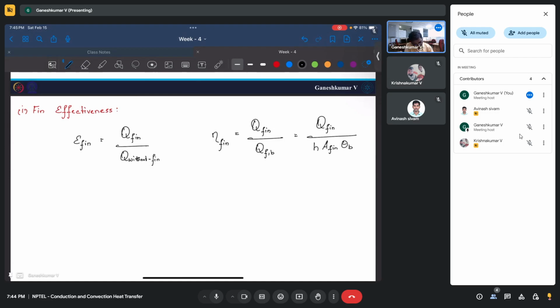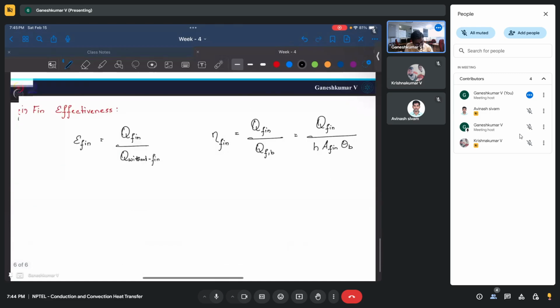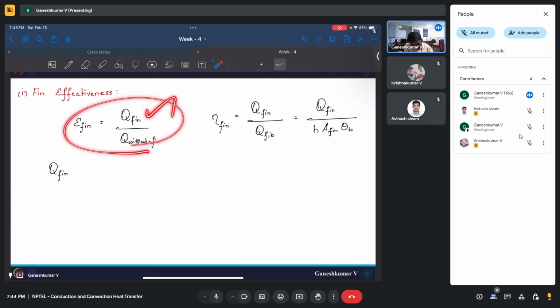Now h is given, area of the fin we have to find out because all the dimensions are given, and theta b is also given. Theta b is TB minus T infinity, where TB is 200 degrees Celsius and T infinity is 20 degrees Celsius. All right, now we can write Q fin. Our aim is to find Q fin and we will substitute it here to find the effectiveness of the fin.